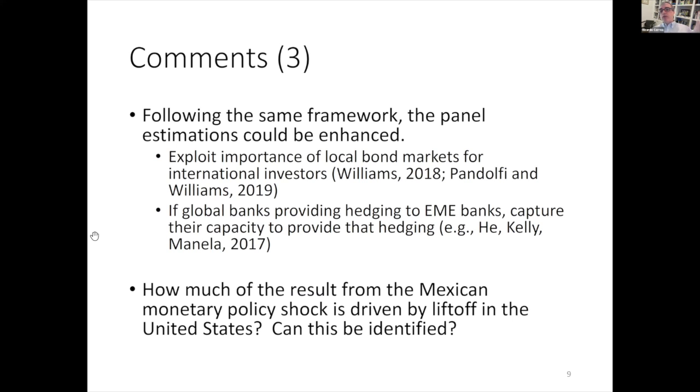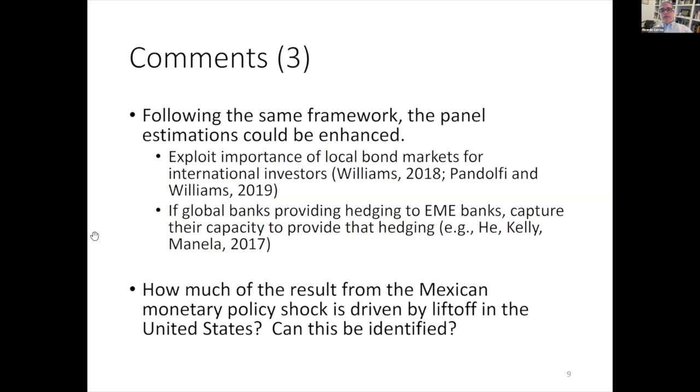So again, use the Williams methodology to try to tease out that. You can also use, for example, if global arbitrageurs, global banks are the ones providing the funding in this market, in the FX swap market, look at their other constraints, look at their capital ratios and things like that over time to see whether that's driving that constraint.